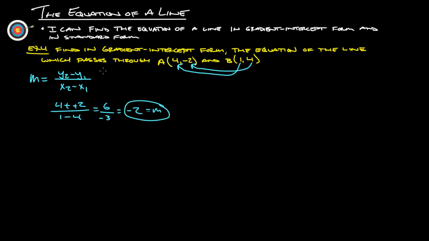Now it says slope-intercept form. Honestly, if you use the point-slope formula, y minus y1 equals m times x minus x1, and simplify, it turns right into slope-intercept form for you.